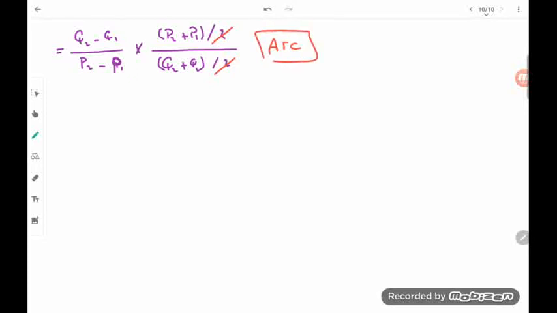So say, for example, if it's required to calculate price elasticity of supply, if you know that price increases from 4 to 5, and as a result, quantity supplied increases from 10 to 12.